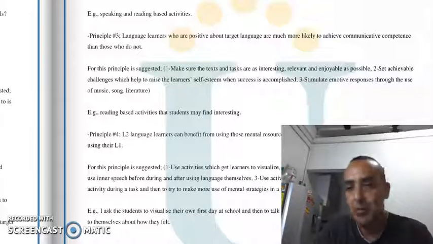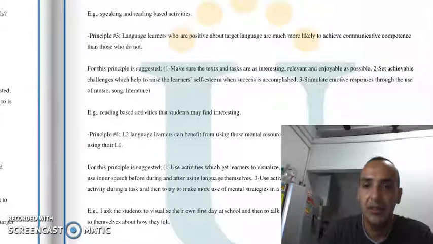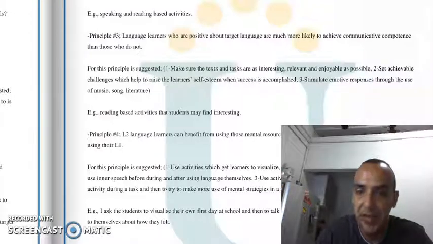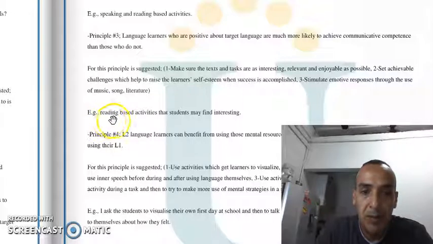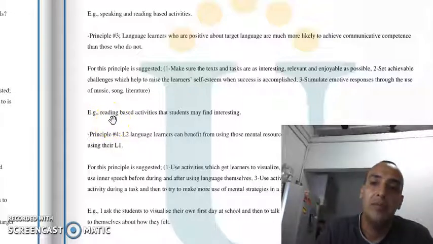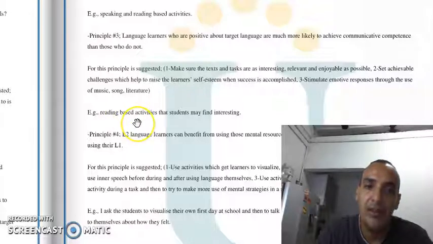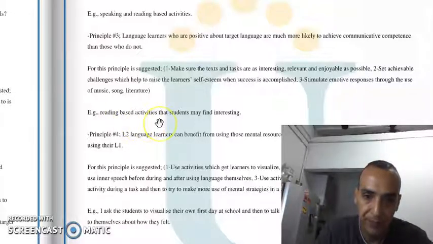This is probably the most important of the suggestions for this principle. How can we carry out this principle in activities that the students may find interesting? Principle number 4.